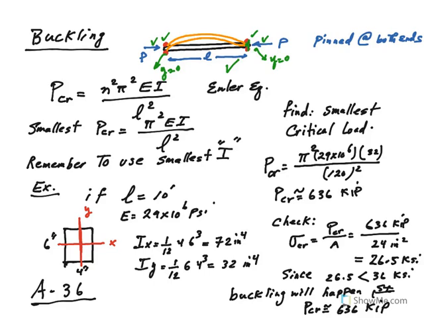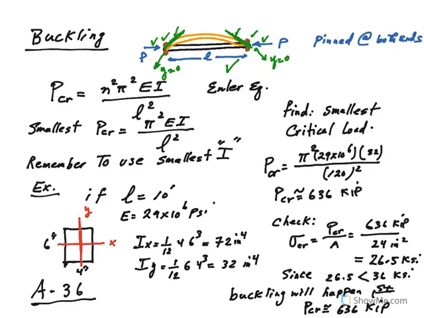The deflection is 0, but the slope is not 0. That's the difference between a cantilever beam and a roller supported or pin supported beam. Slopes are not 0, but the cantilever is a different story, and we'll talk about that later in another video.